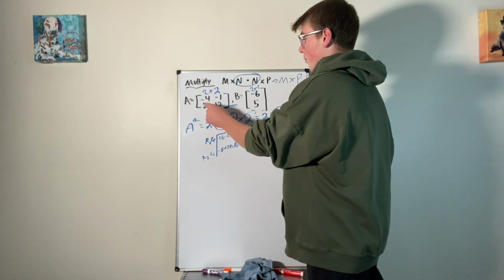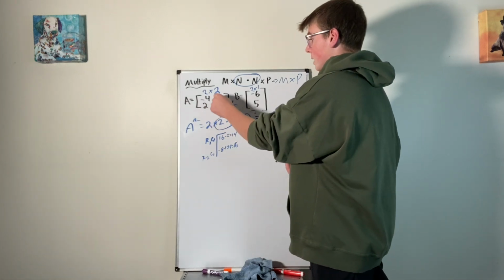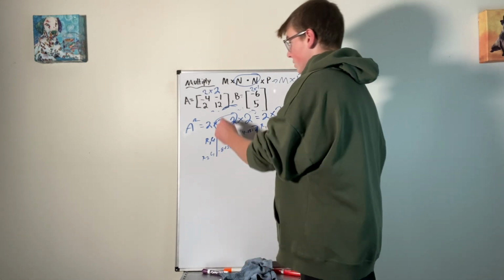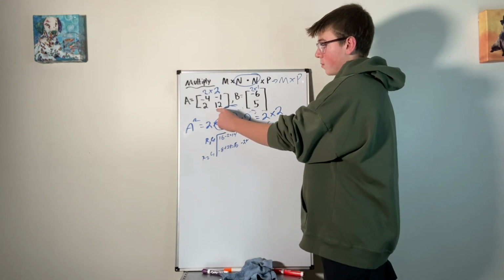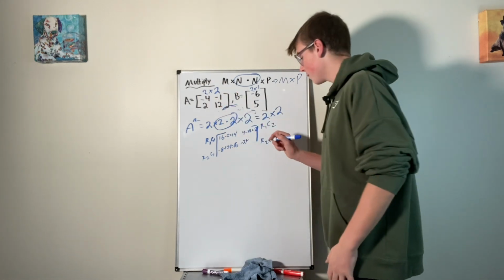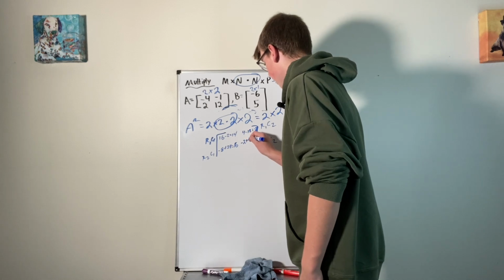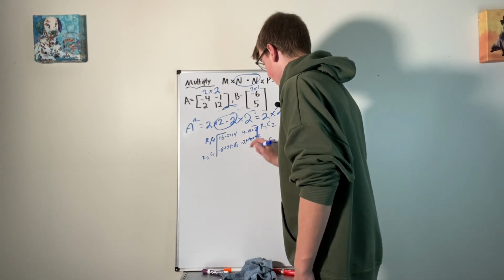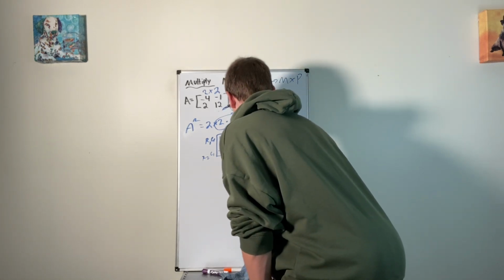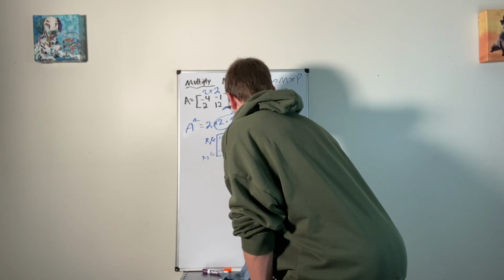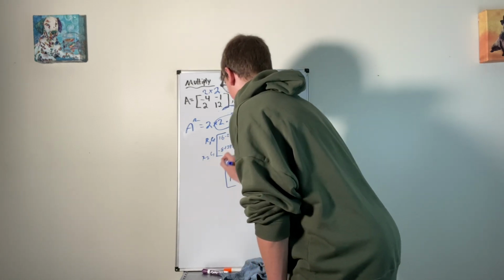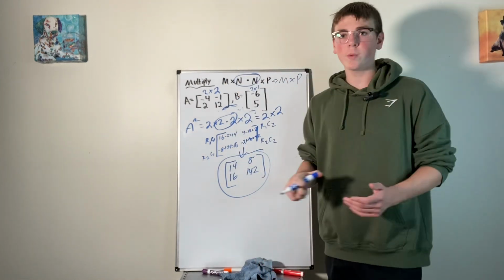So we go, okay, row 2, column 2. 2 times negative 1 is negative 2. And then this would be position 2 for column 2 and row 2. So 12 times 12 is 144, and that equals 142. So we put that in a new little box. That all this work, and it's 14, negative 8, 16, 142. And that is A squared.